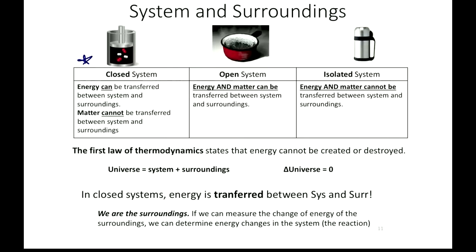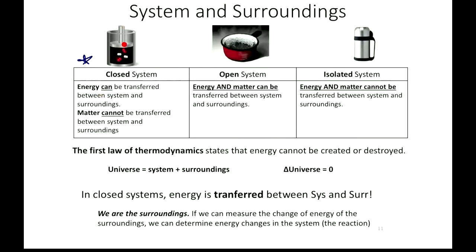Closed systems are where matter cannot be transferred between the system and the surroundings. In this piston, the piston is the system, and everything outside the piston is the surroundings. Matter, the things involved in the chemical reaction, cannot escape the piston. Matter cannot be transferred, but energy can.